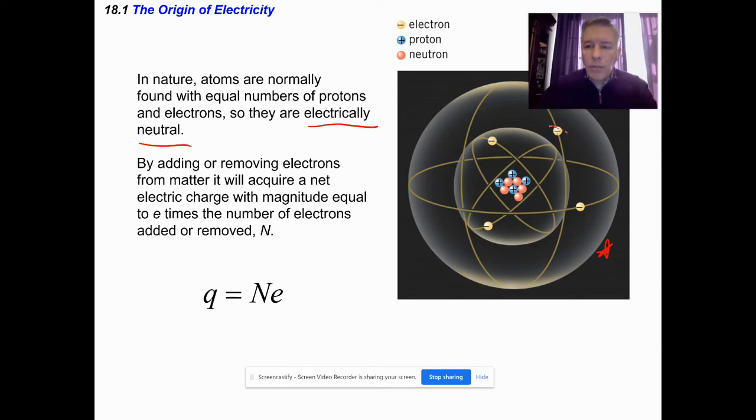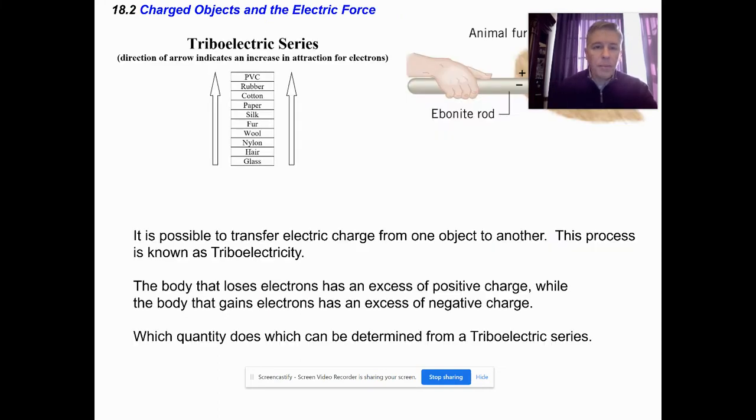So if I get rid of, say, this electron, all of a sudden it has 4 protons and only 3 electrons, so it would have a quantity of charge of 1, because I've removed 1 electron, times that 1.6 times 10 to the negative 19 coulombs. So that's a key idea to keep in mind.